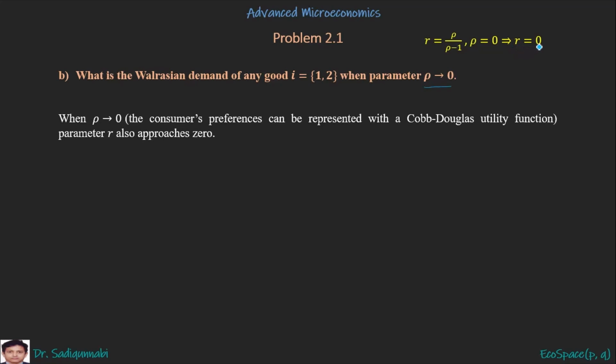If we apply this in the Walrasian demand equations for x_i, where i equals 1 and 2, this is our Walrasian demand when rho tends to 0.